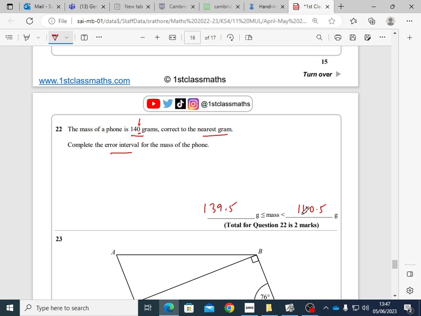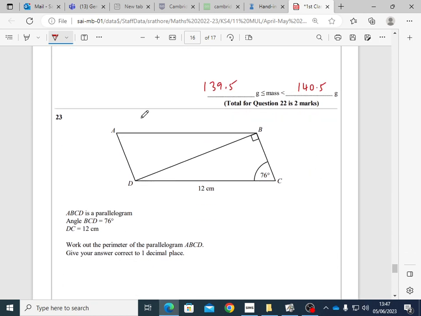Right, this one. So you got this triangle. You got that. They're 90 degrees. That's nice. Parallelogram. Work out the perimeter of. What's it asking for here? It's asking for the trigonometry, right angle triangle.